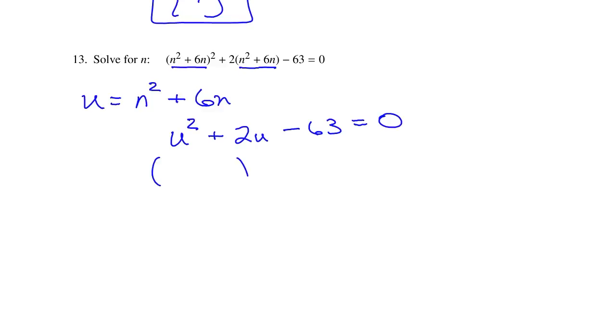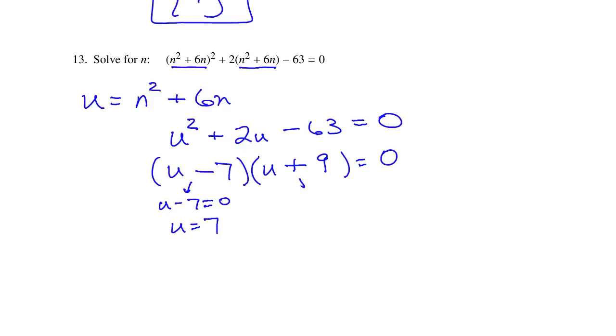This factors as u and u, 9 and 7, plus 9 and minus the 7. Set each of these factors equal to 0. We get u is equal to 7. Here we have u plus 9 is equal to 0, so u is equal to negative 9.